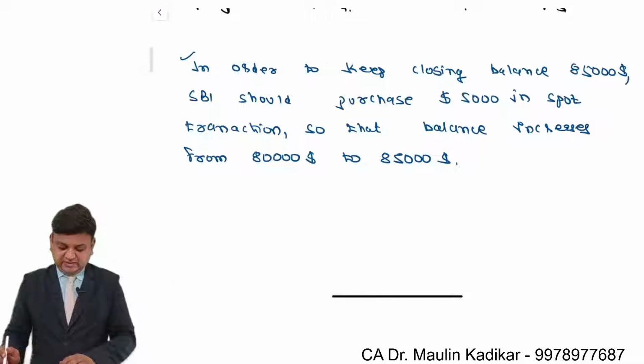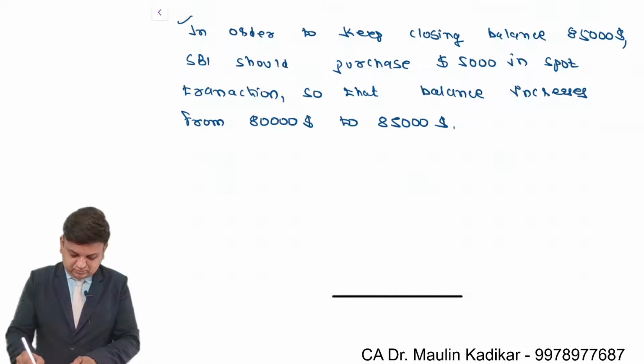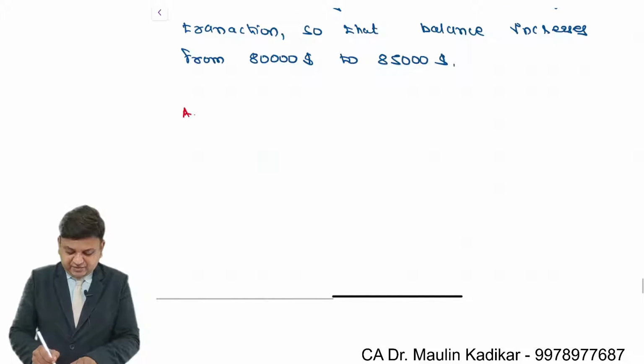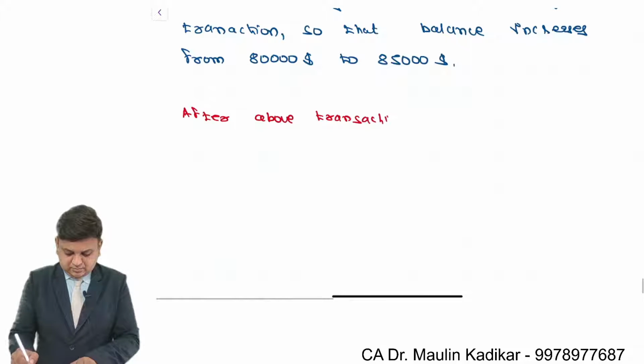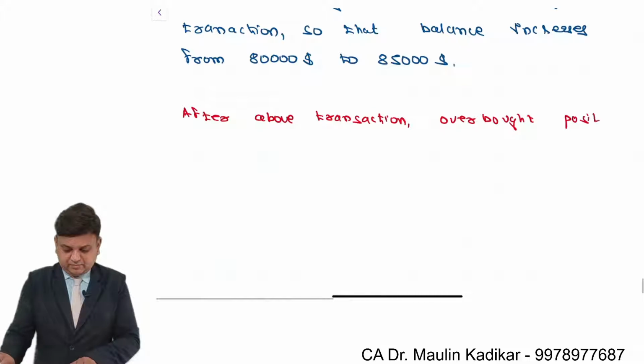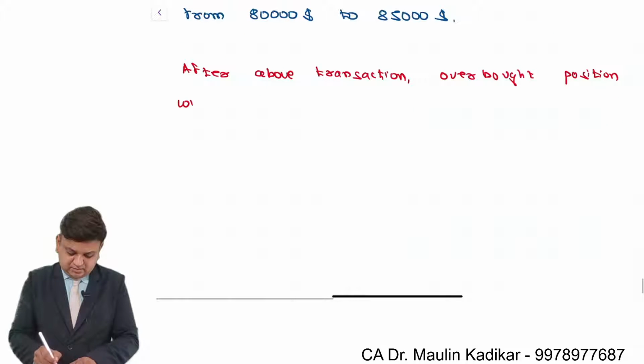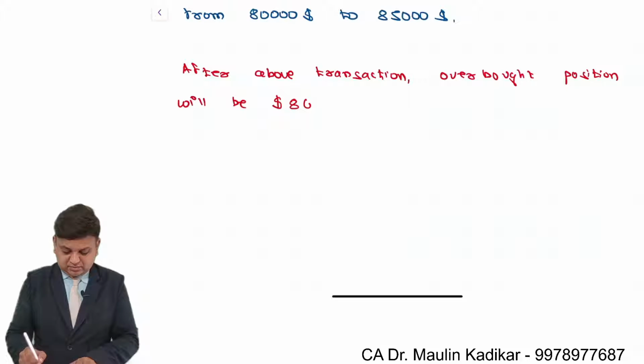So in that case, we understand after above transaction, comma, overbought position will be $86,000. How is it 86,000? It is 81,000 plus 5,000.